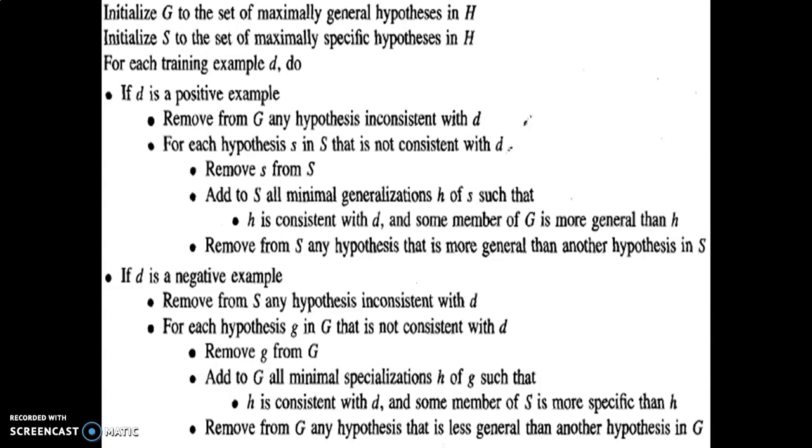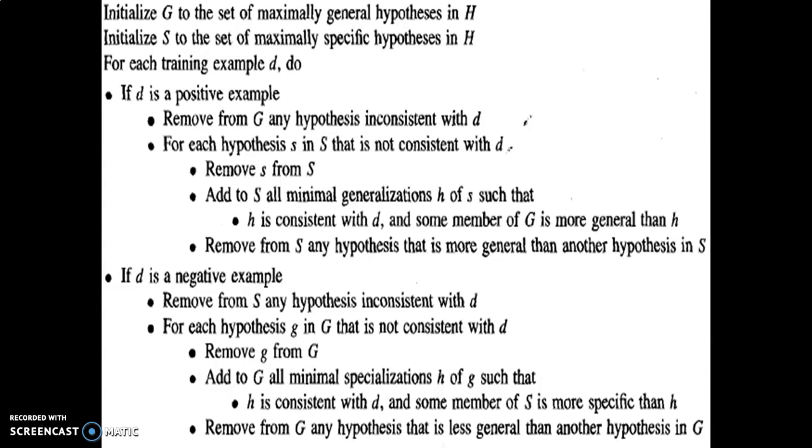If there is any hypothesis inconsistent with the example, then we will remove it from the general hypotheses. For each hypothesis S in S that is not consistent with D, we will remove that specific hypothesis S from the most specific hypothesis space.